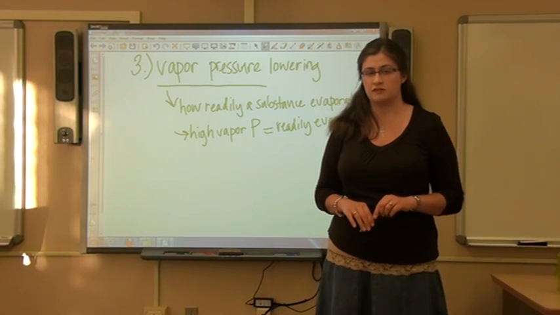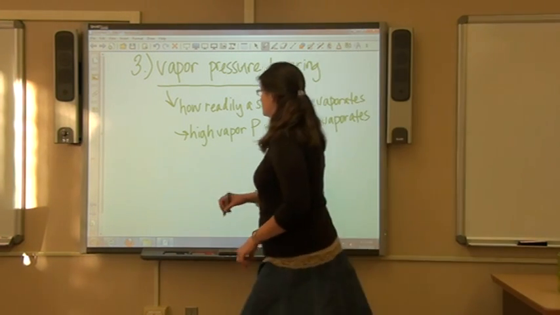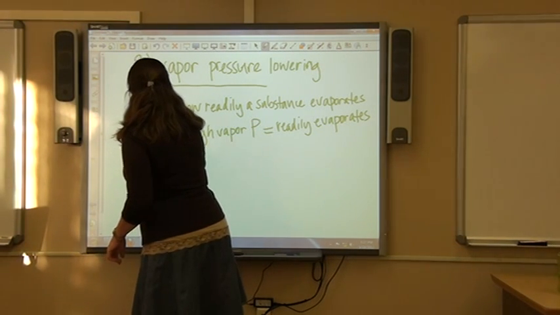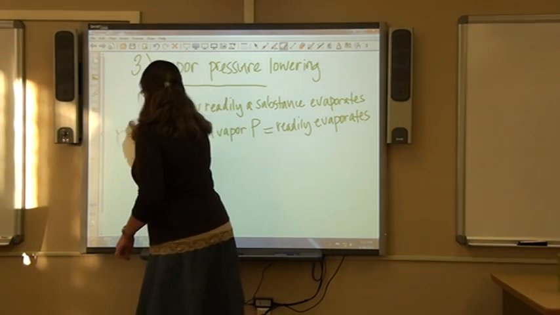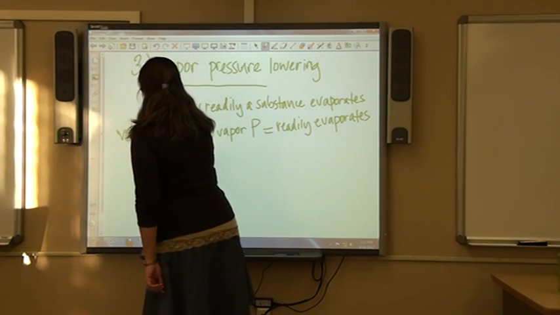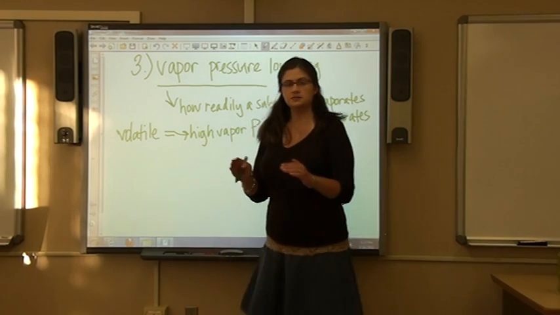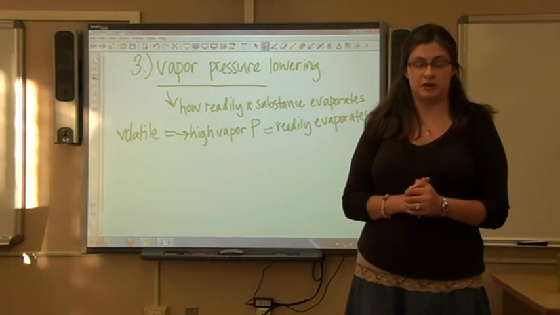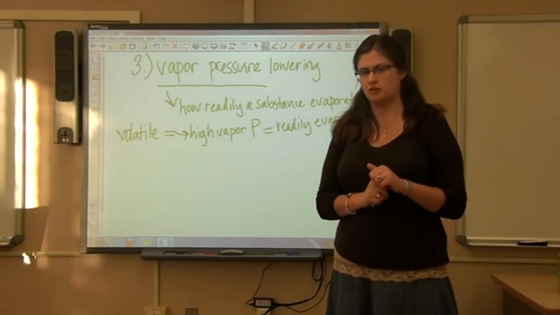We sometimes call that volatile. I'm going to write this word down. And I spelled it wrong. I apologize. Volatile. A substance in chemistry that's volatile is something that has a very high vapor pressure. It doesn't mean something explosive.